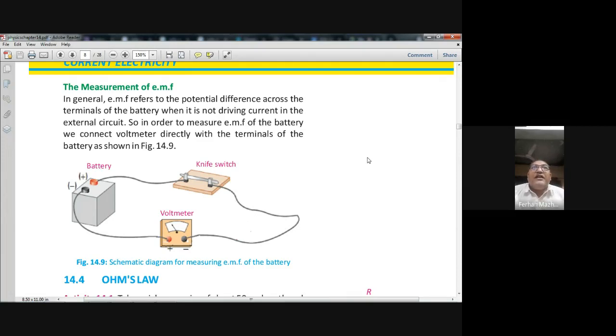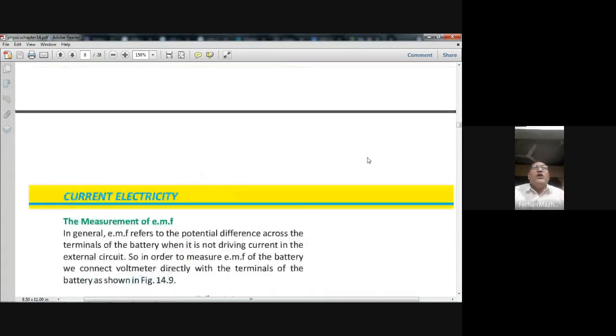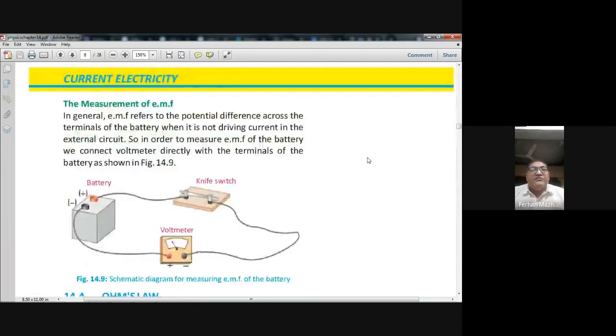One very important thing about the EMF is that when you have cells, and the source can be WAPDA also. WAPDA means the electricity which is coming in our homes.